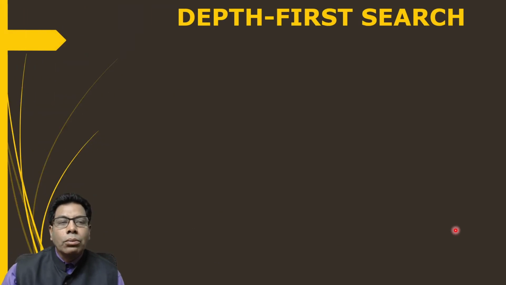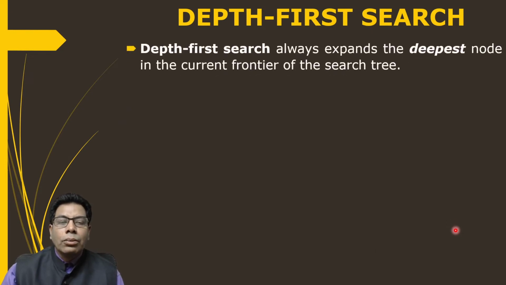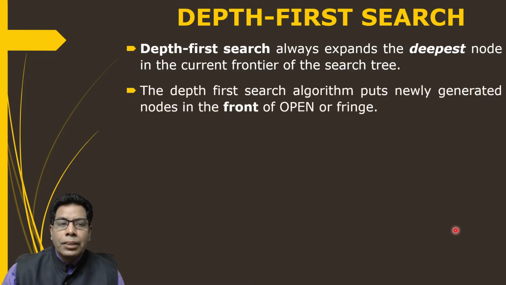Then let us go to the particular topic, depth first search. Depth first search always expands the deepest node in the current frontier of the search tree. That's why it is called depth first search. The depth first search algorithm puts newly generated nodes in the front of the open or fringe. So they are put in the front.